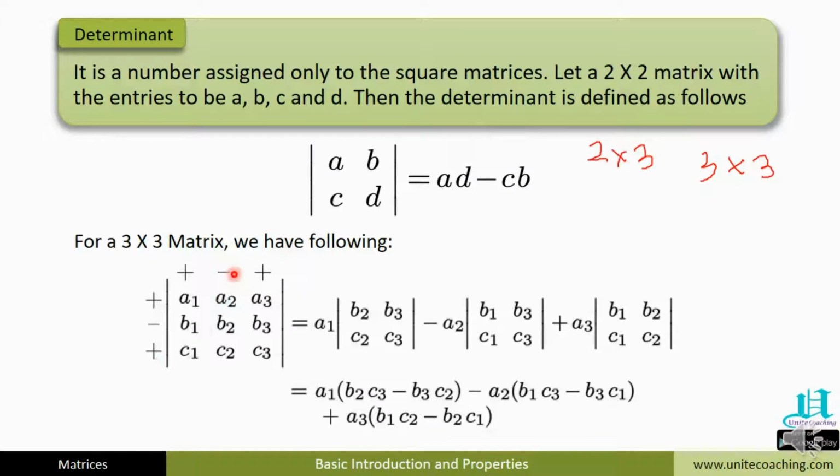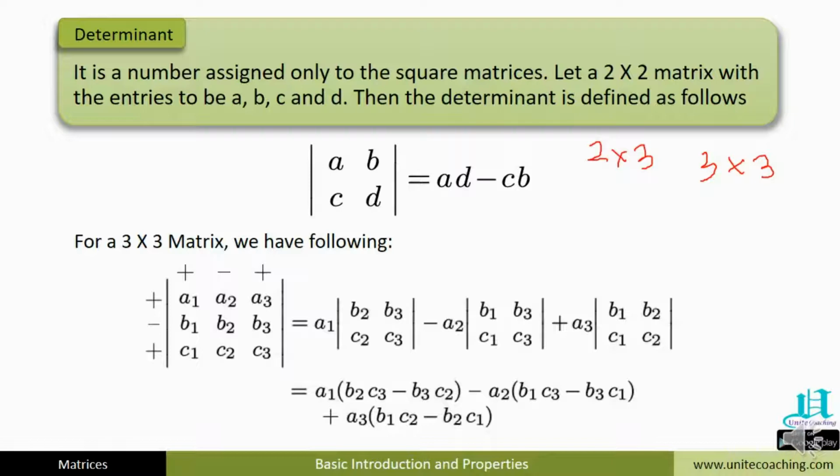Now moving on to calculating the determinant, we write the first element and check its sign. The first element has a positive sign, so we write A1, and a positive sign means we don't need to write anything. Then we write this determinant.